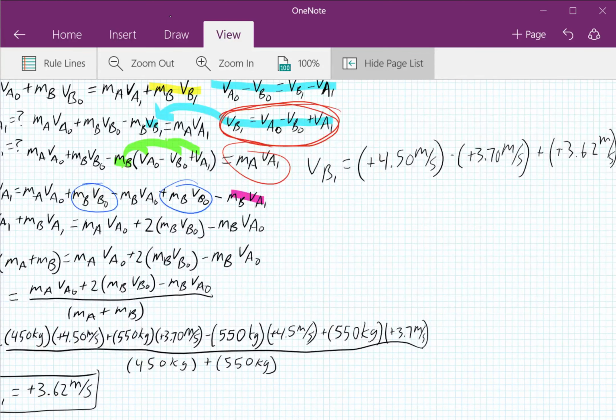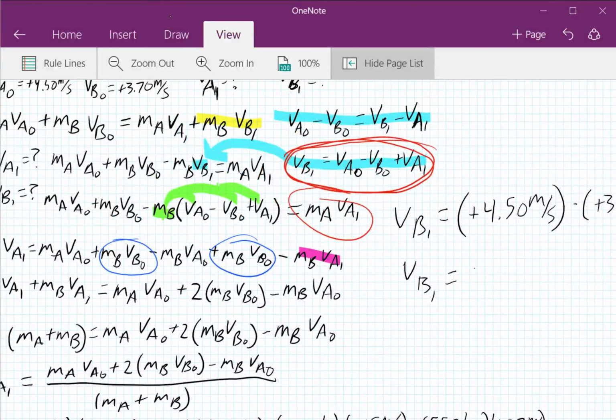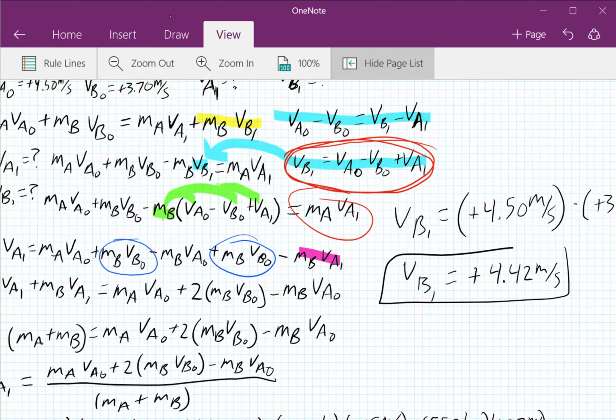So you get VB final equals a positive 4.42 meters per second. Okay, so that's the answer to part A.